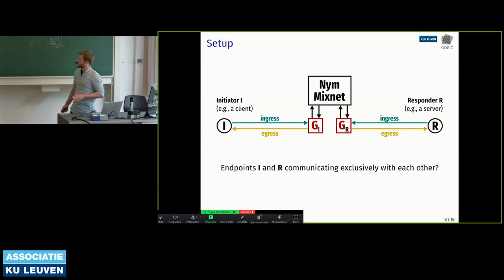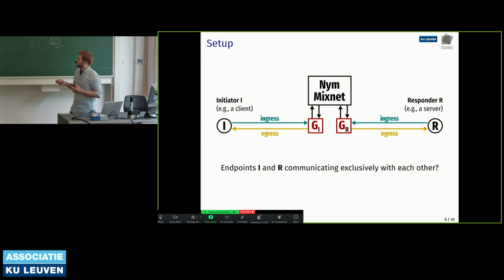So to visualize this a little bit, you can imagine that I replaced the Mixnet with just this block on the top. The adversary is running these 2 malicious gateways, and these gateways have their own set of connected users. Let's assume among them is an initiator I on the left-hand side and a responder R on the right-hand side. You can think of this as a client and a server, like someone reaching out to a web server and the web server responding, for example.